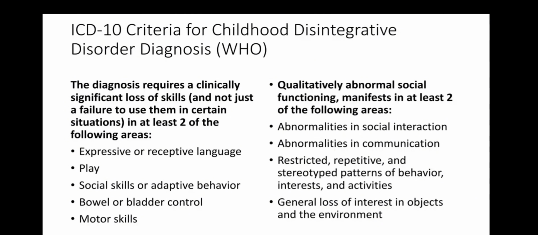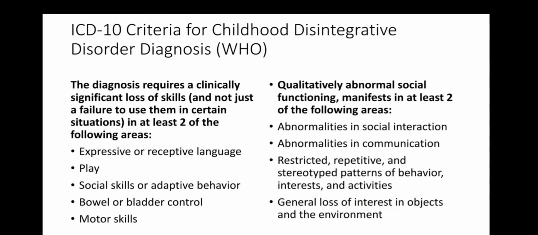Qualitative abnormalities in reciprocal social interaction, qualitative abnormalities in communication, restrictive, repetitive, and stereotyped patterns of behavior, interests, and activities including motor stereotypes and mannerisms, and general loss of interest in objects and the environment.